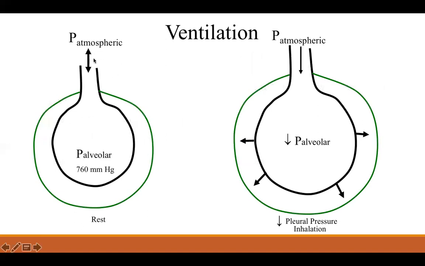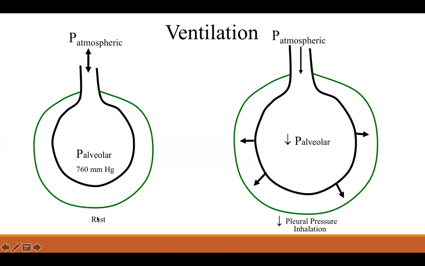Here is the atmospheric pressure, P atmospheric, and here is the P alveolar pressure. What we see here is 760 inside, and let's assume that 760 millimeter mercury is the atmospheric pressure. If the pressure between the inside and the outside is the same, that's a situation you see in a resting period.